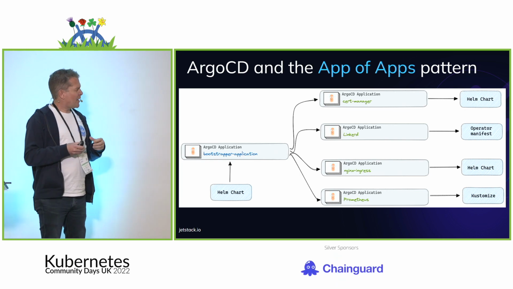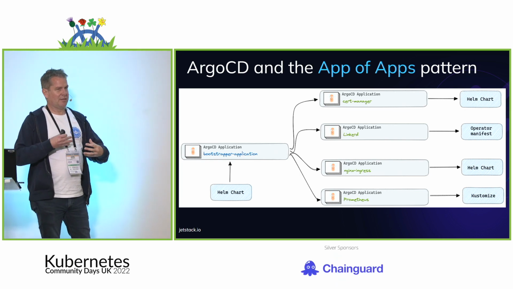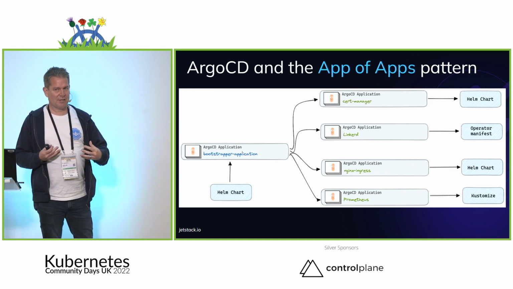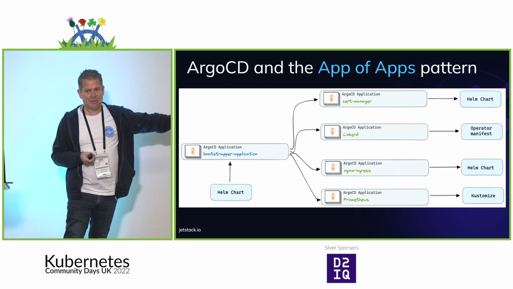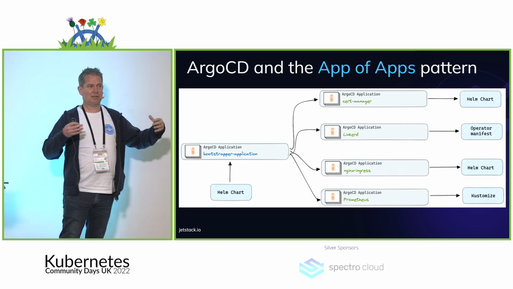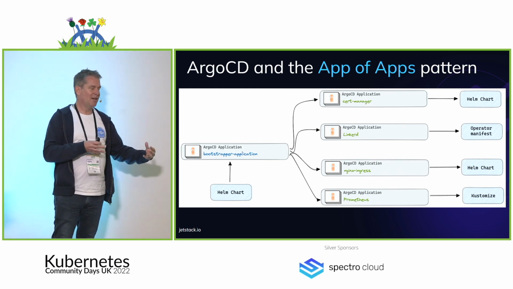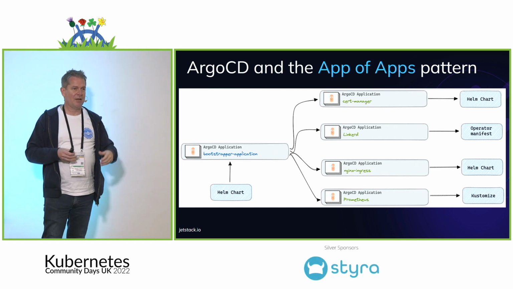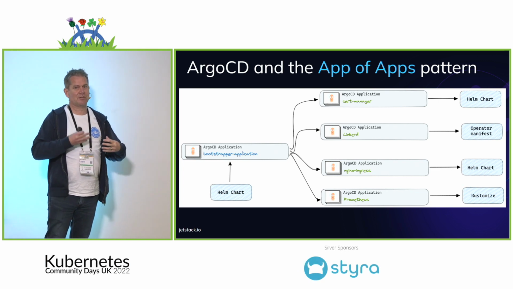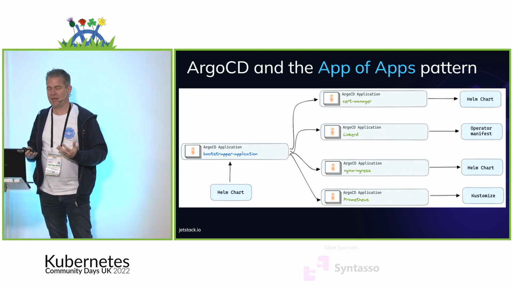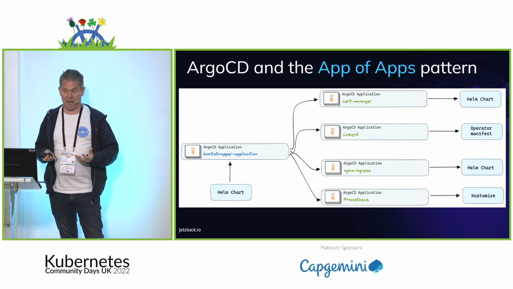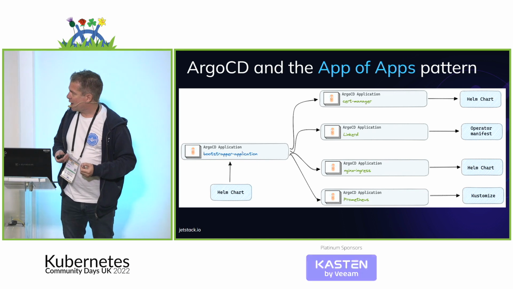So that then means, because Argo CD is responsible for synchronizing all of this stuff, that if you give it the Bootstrapper application CRD, it will then install the other applications, those listed there, which will in turn tell Argo to go and install Cert Manager and Prometheus. So that's the crux of the app of apps pattern.